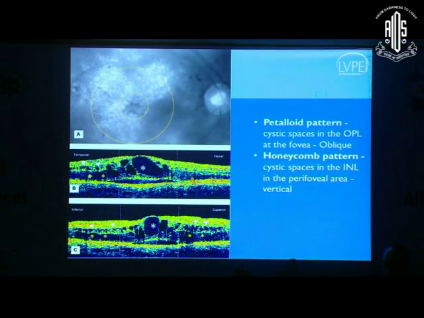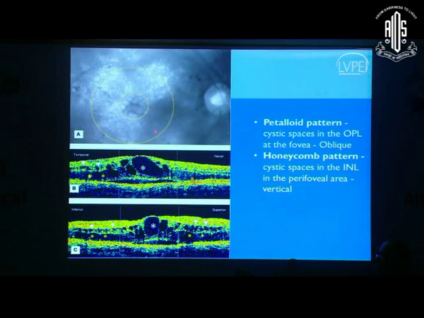But more interestingly, I came across this paper from Japan which brings up this typical picture of a fluorescein. If we look at this fluorescein picture, the central part is the typical petaloid pattern which we all have been seeing for ages, and here you have a honeycomb pattern.